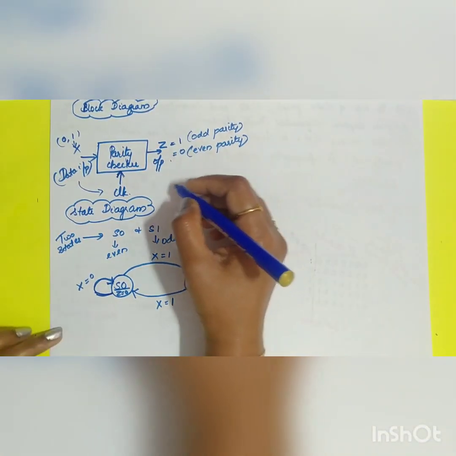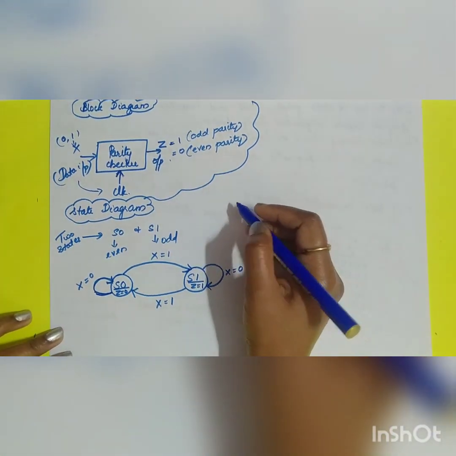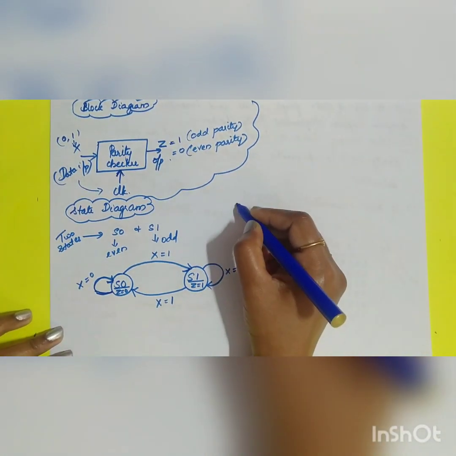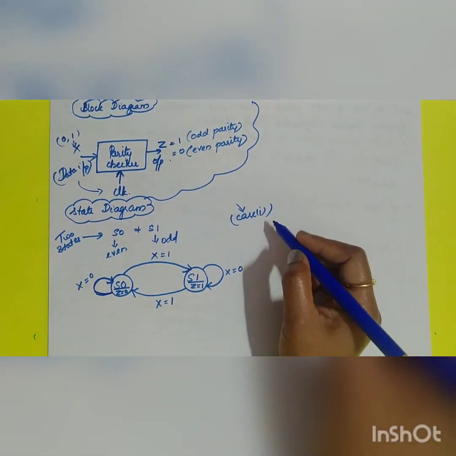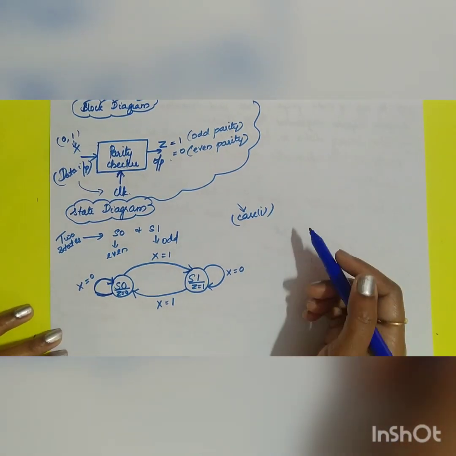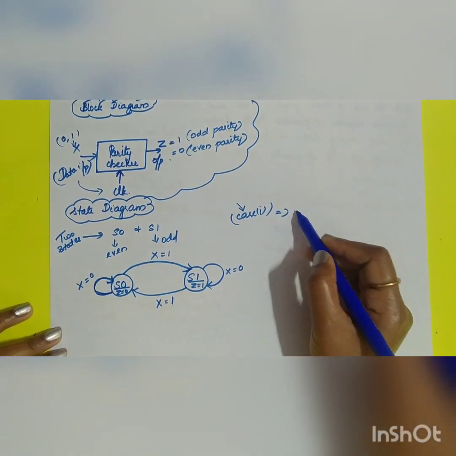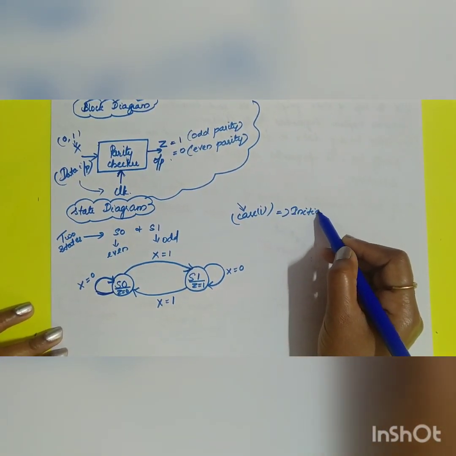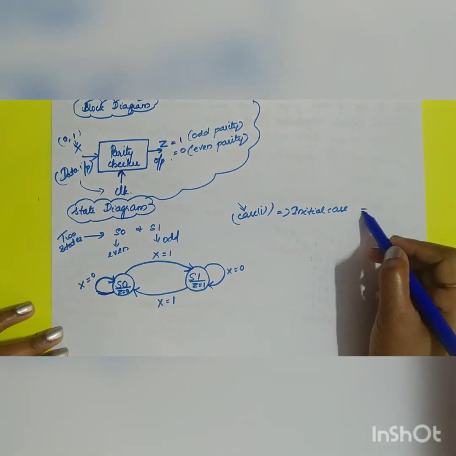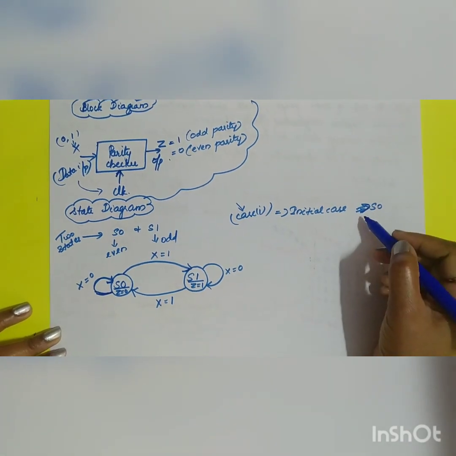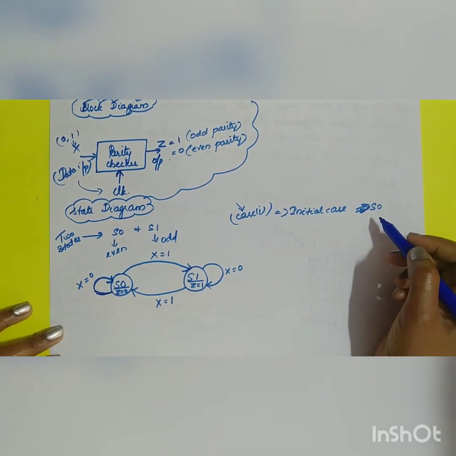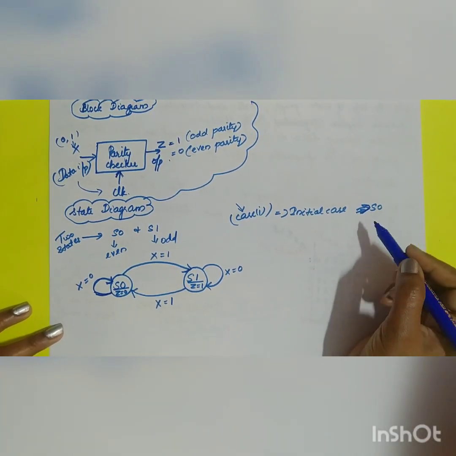So let me write here: you have two cases, right? Case 1. What will be your case 1? Initially, you are receiving all the inputs, and the state is S0, because initially all the inputs received are zeros, and 0 is an even number.